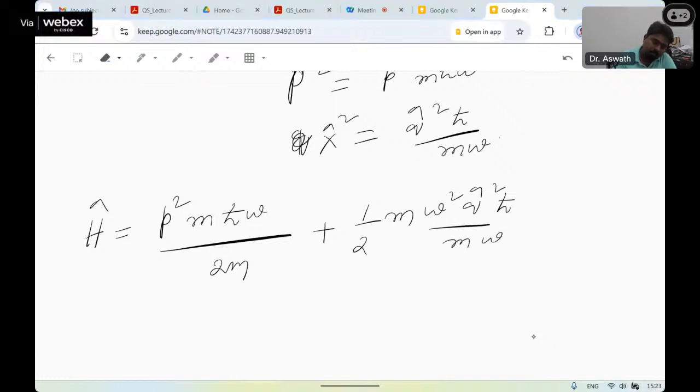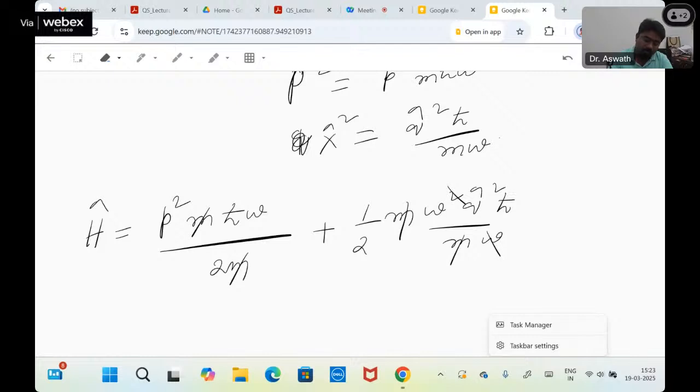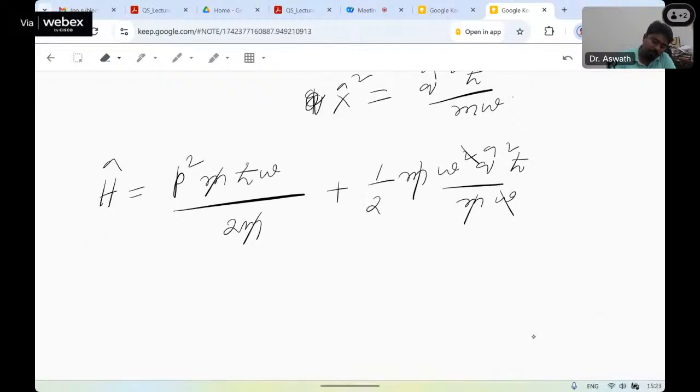Now I can cancel a few terms, m here, m there, omega here. If you carefully simplify, what I am left with is h cross omega on both the terms, and 2 is on both the terms.